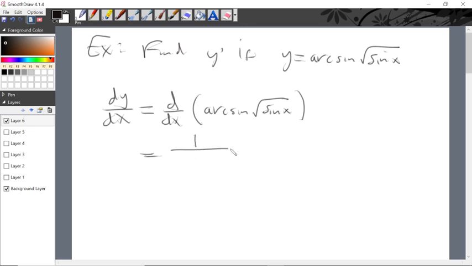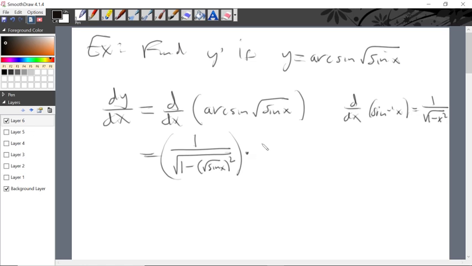We just found that the derivative of the arcsine of x is 1 over the square root of 1 minus x squared. So the derivative of the arcsine of root sine x is going to be 1 over the square root of 1 minus the square root of sine x squared. We leave the square root of the sine of x alone while we're applying the chain rule. Then we multiply that by the derivative of the square root of the sine of x.